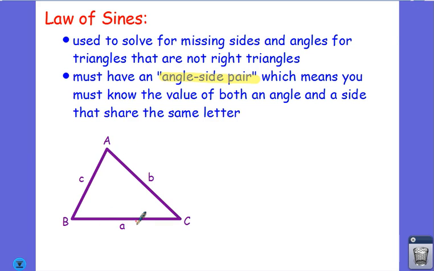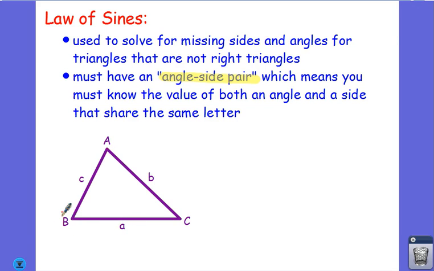Now what you will notice, this is an example of a triangle that you're going to be working with today. The angles, we will always use capital letters. Capital A, capital B, capital C. When we are labeling the sides, we will always use lowercase letters. And here's what is important. Angle A will always be directly across from side A. That's why that's a lowercase a.